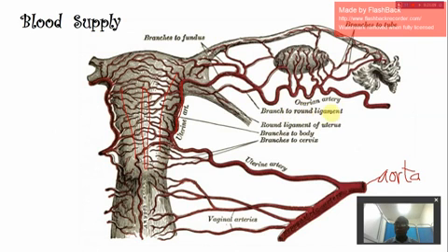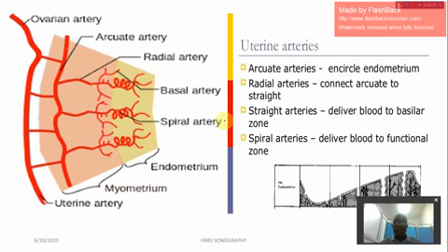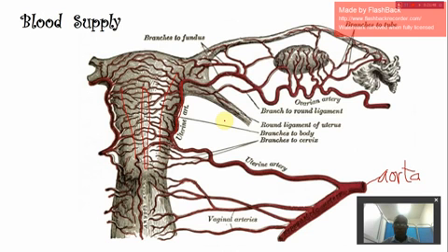You have branches to the round ligament of the uterus, branches to the body, branches to the cervix. So that is exactly how blood is supplied to the myometrium, the ovaries, the fallopian tube, the endometrium. That is why the whole reproductive organ is highly vascularized. This is another typical example of an ovarian artery supplying blood to the endometrium and to the myometrium. This is a pictorial view of what we saw here.